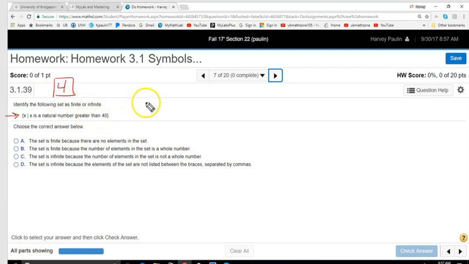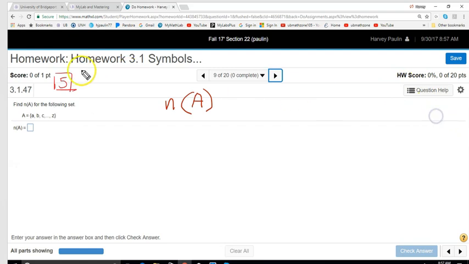Or does this go to infinity where there is no specific number? Well, it goes to infinity, so there's no specific number. And now they're asking you to match up which one would you select. And it looks like C, because you cannot give a whole number as an answer. So this set is infinite.